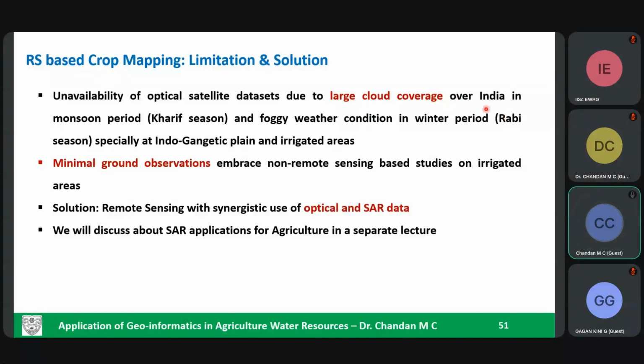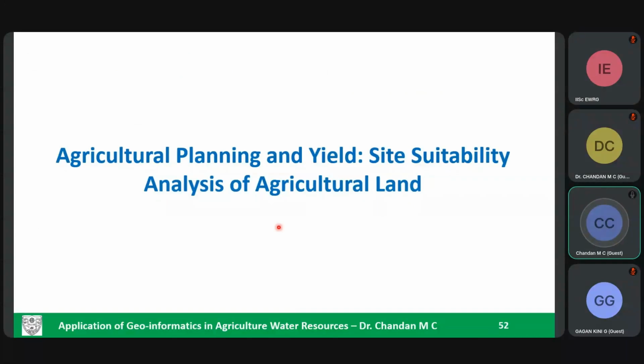And especially in the monsoon period, that is the Kharif, we have the clouds invariably. So there is a huge scope wherein we can go with the radar data set along with optical data set for effective mapping. And when we look at the radar applications, we'll deal with that separately. We'll not try to do it in this particular lecture.